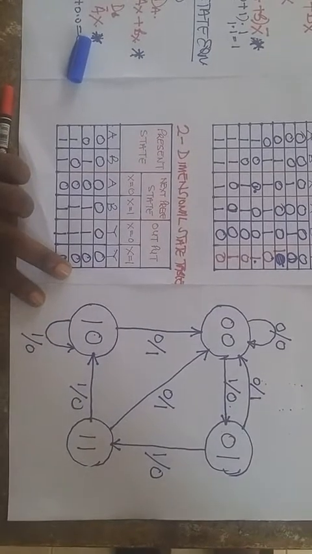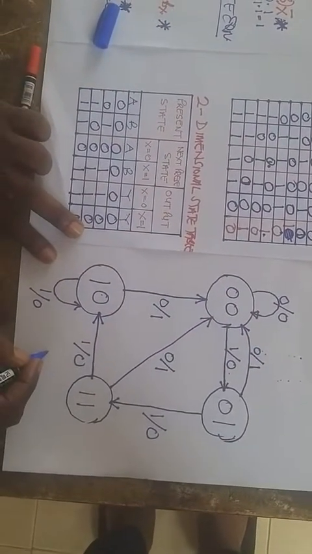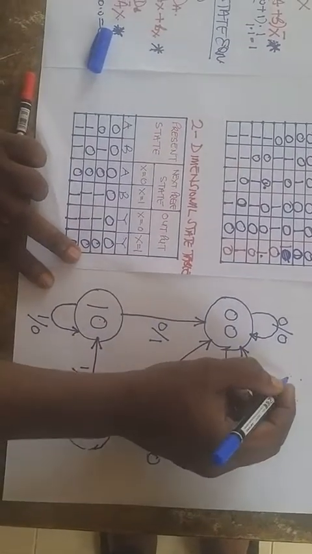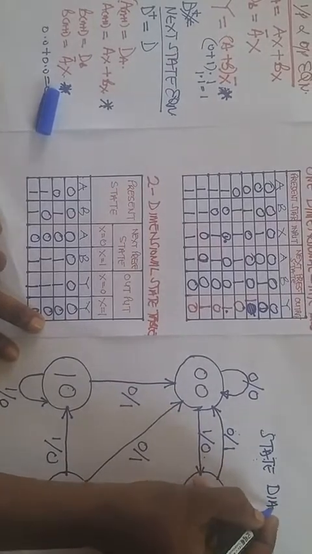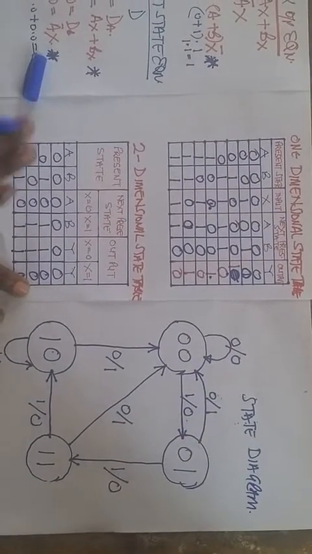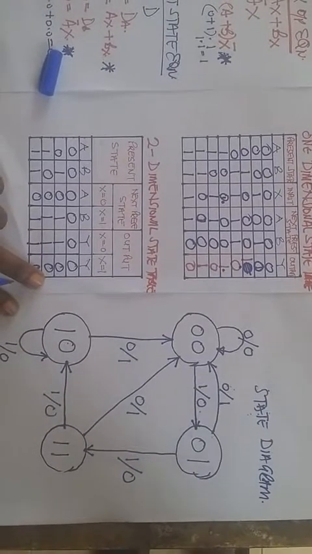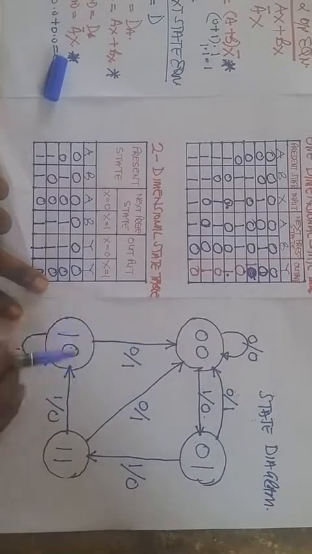So this becomes our state diagram. This is our state diagram for the circuit we're asked to analyze. From this state diagram, you can see clearly the behavior of the circuit.